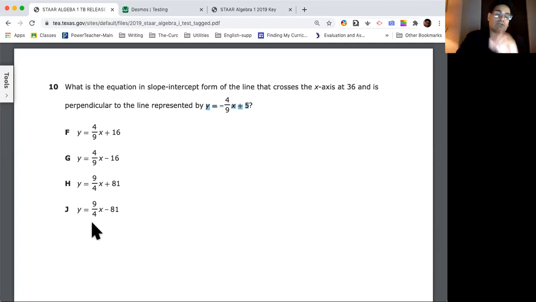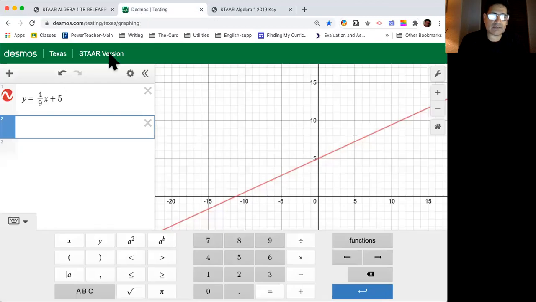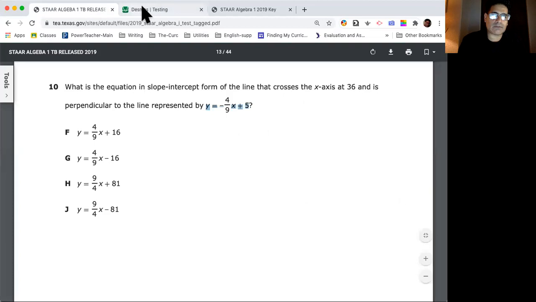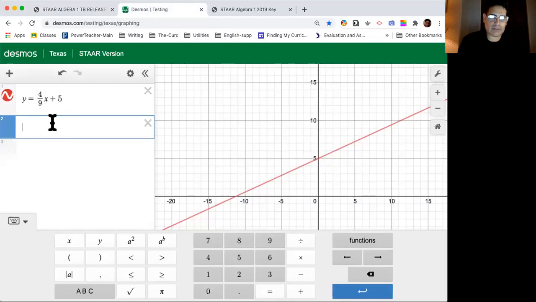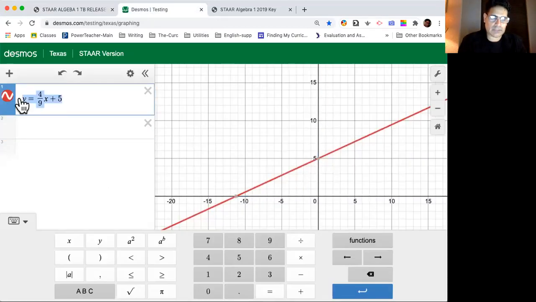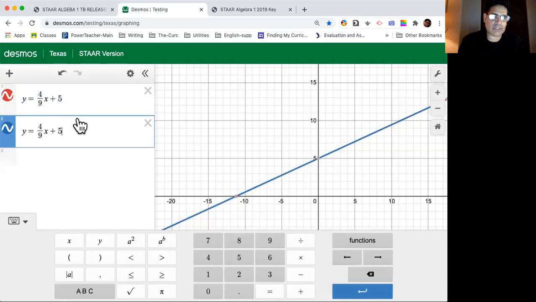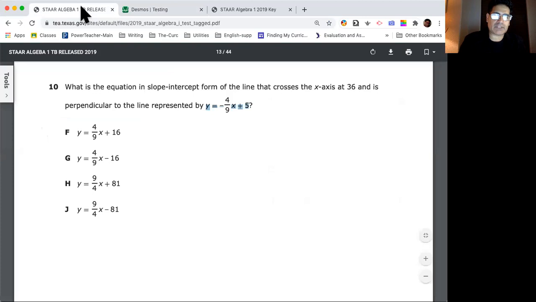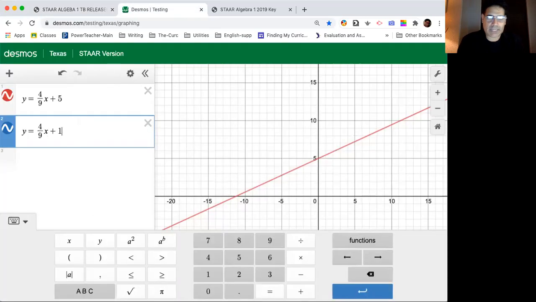In any case, we're going to put in our next value, and it looks like the exact same equation. Well, let's start with A, right? The first one, A or F, is plus 16. Let's take a look at that.